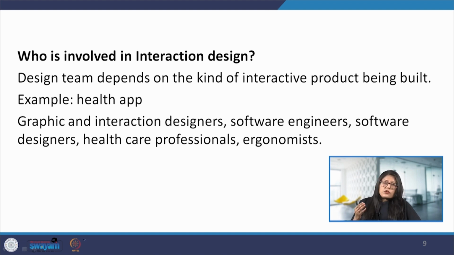Now, this is of course not a one man job, it will be teamwork, and depending on the size of the problem and the domain of the problem, the team members will vary.